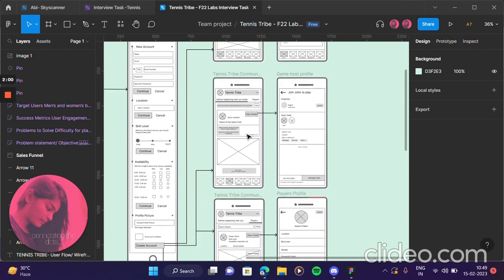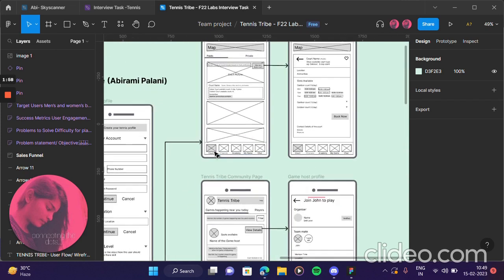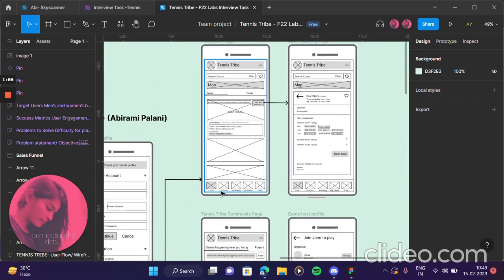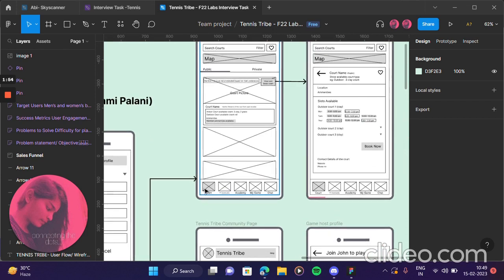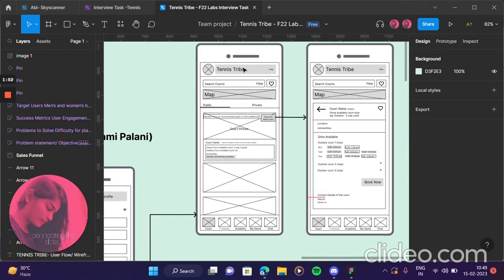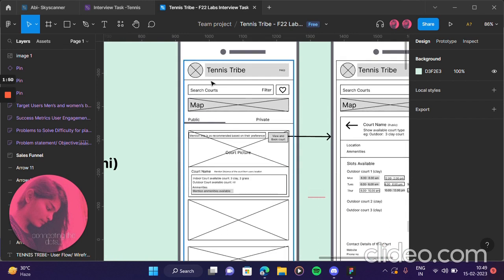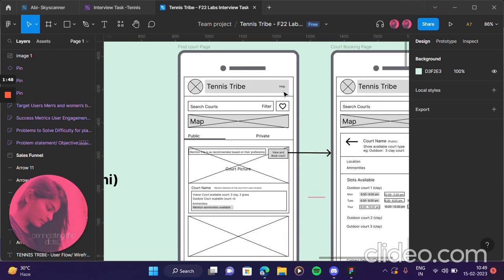And here I have also given the court option. If the user clicks on court, they'll be taken to the court finding page, where public courts and private courts are shown.